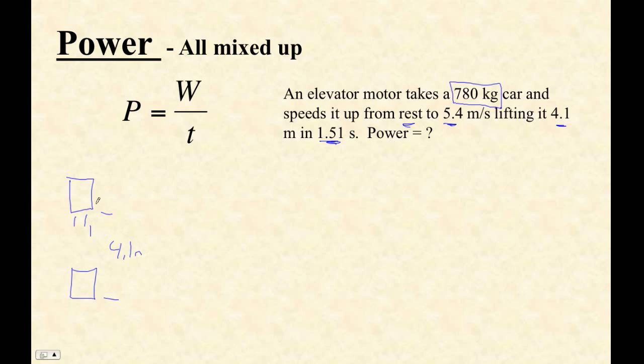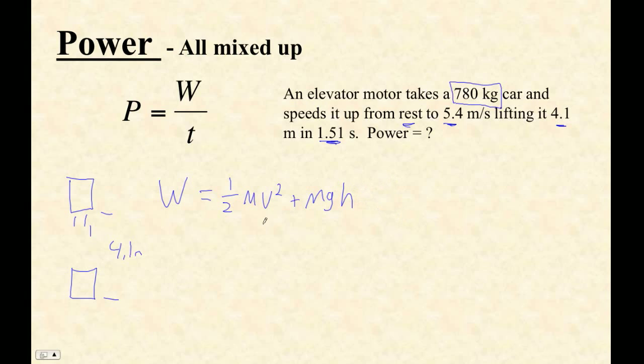it's also moving, and so I'm going to say that the total work done here is the kinetic and the potential energy it has at the top. So work in this case is the 1/2 mv squared it's got, and the potential.